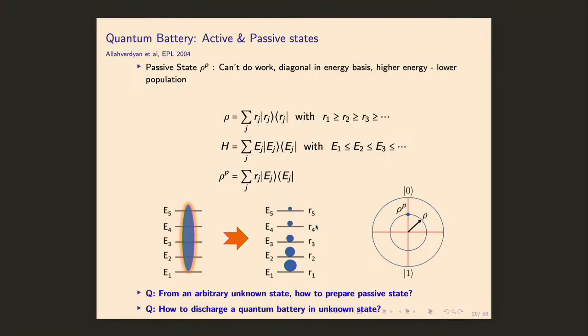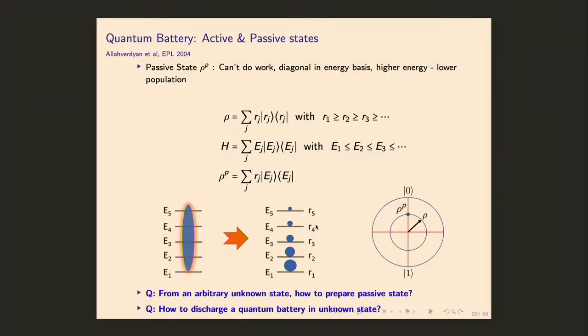And there is no efficient method for this, in fact, because this is related to finding the ground state of an unknown Hamiltonian, and that is also a hard problem. So given an unknown state, how do we get to the ground state in the unitary way, using only unitary operations?